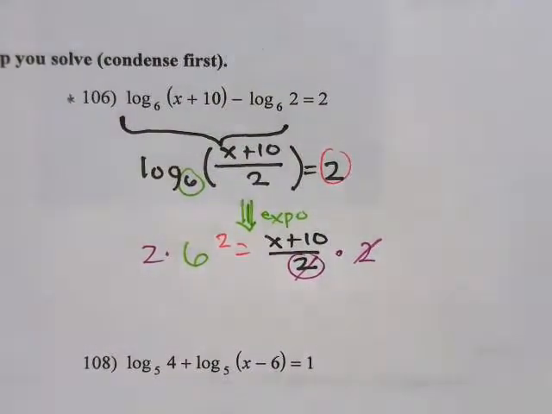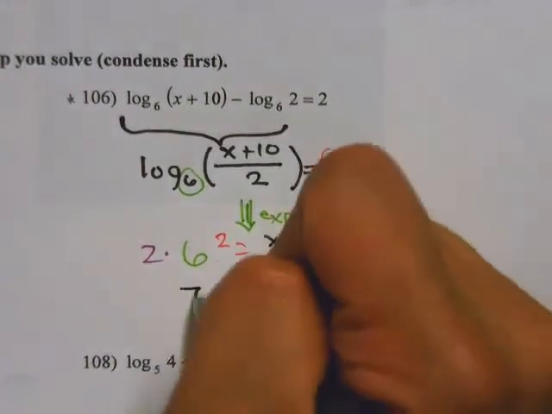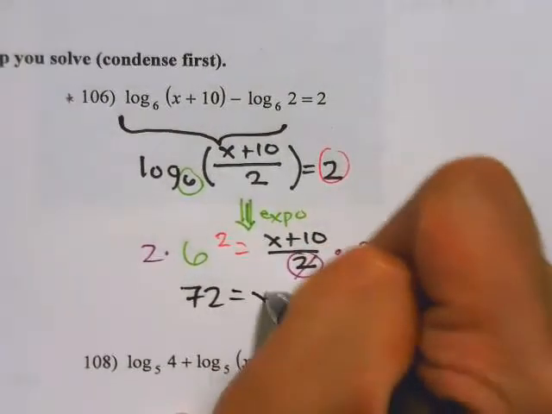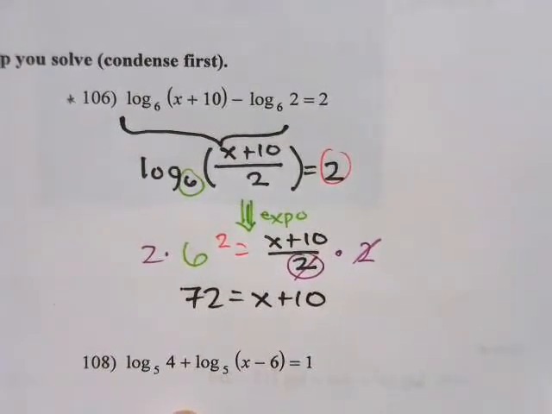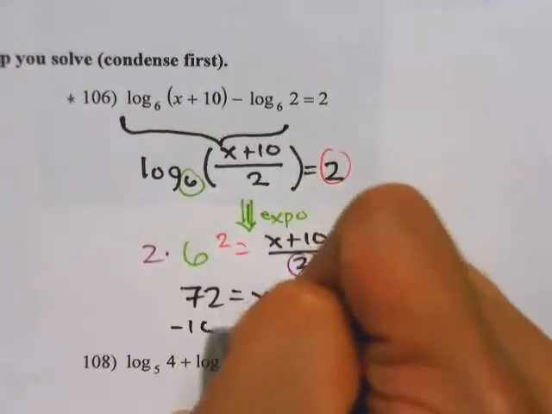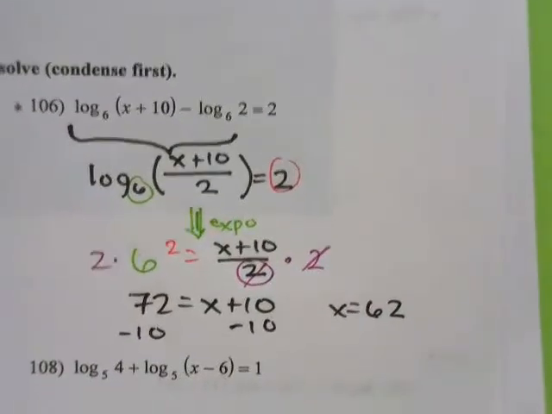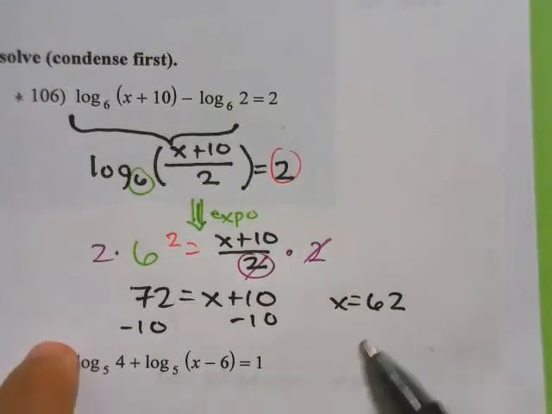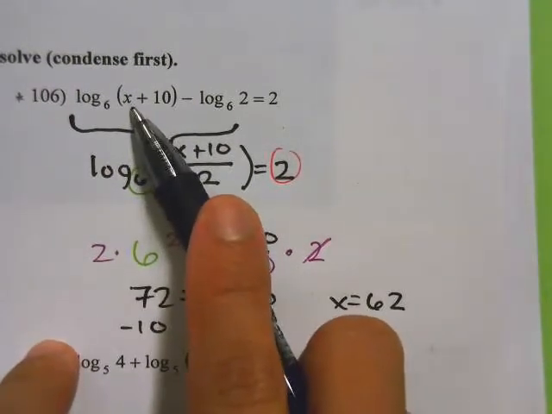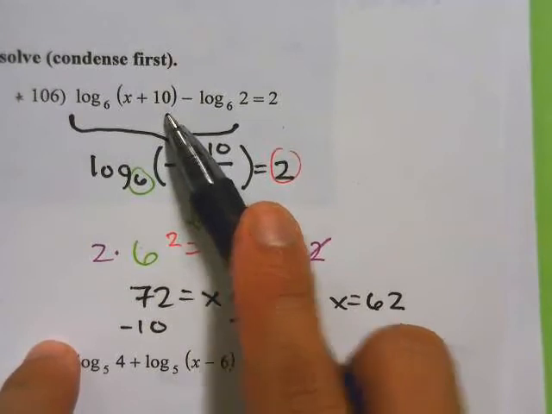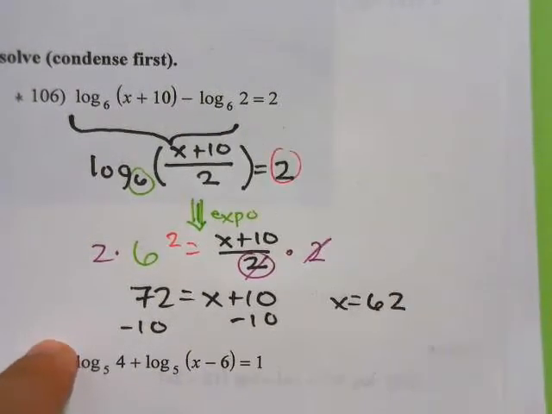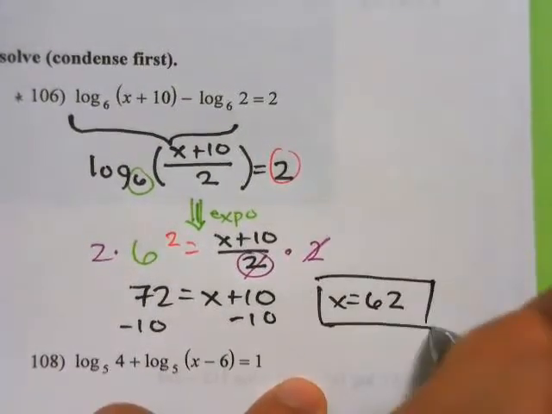Okay. 2 times 6 squared is 72 because this is 36. Okay, and then we're going to just subtract 10 on both sides. X is equal to 62. Let's just check to make sure that none of the arguments are going to be negative. 62 plus 10. Oh yeah, that's totally positive, so we can accept that. And this is already a positive 2 here. So this is an accept here. Okay.